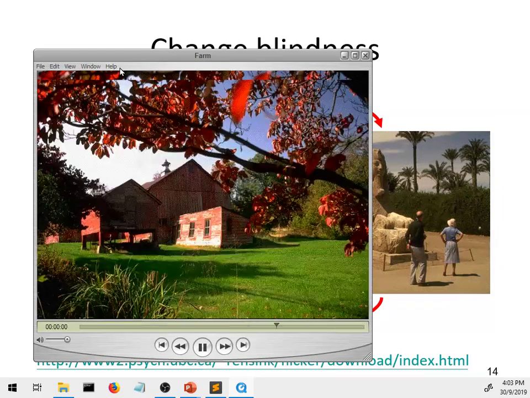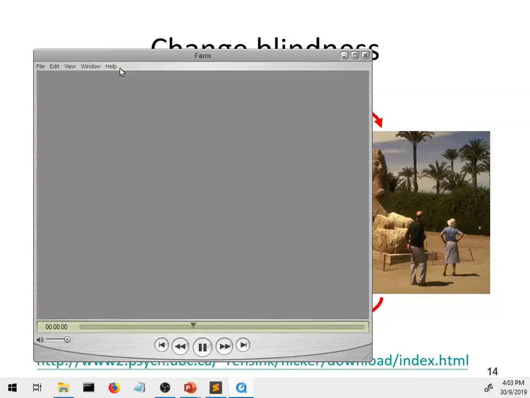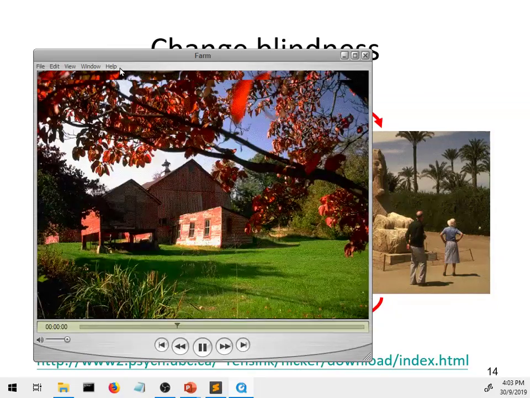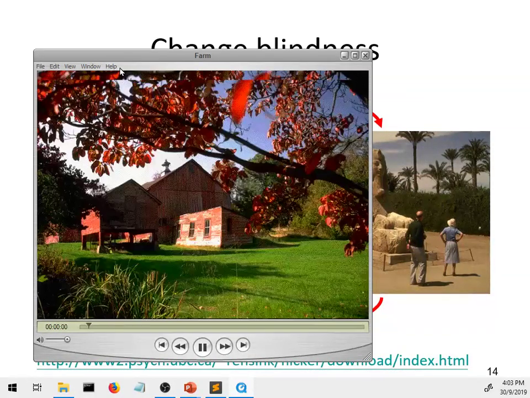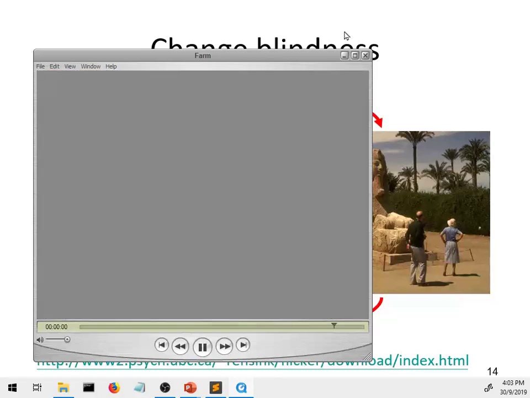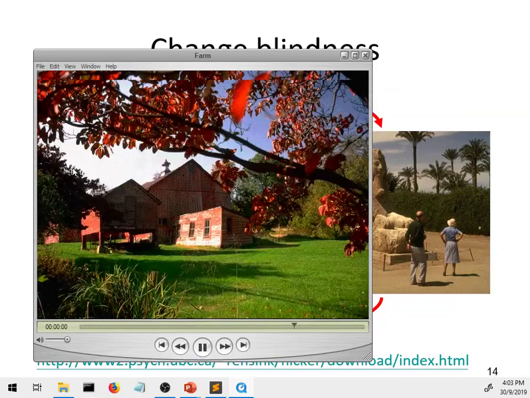Can you spot the difference? Yeah. Can you spot the difference? Yes, we can. So it's around here, right? Okay.